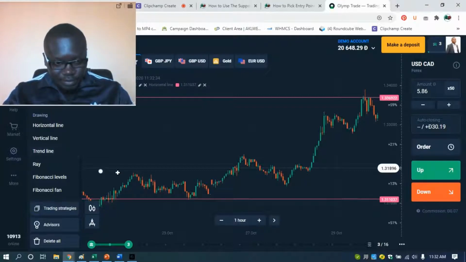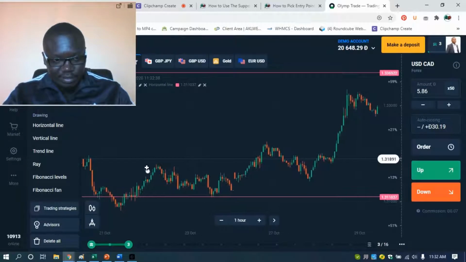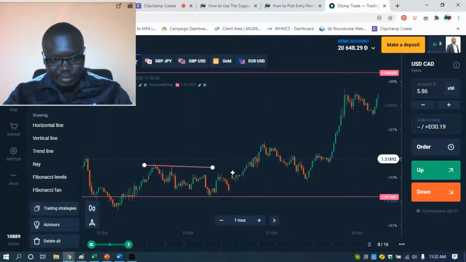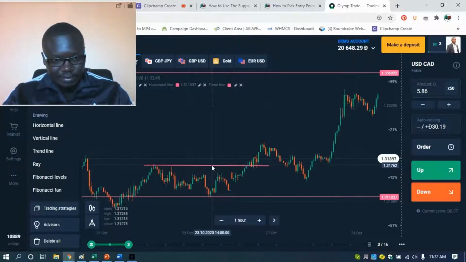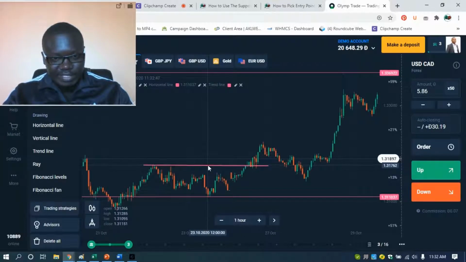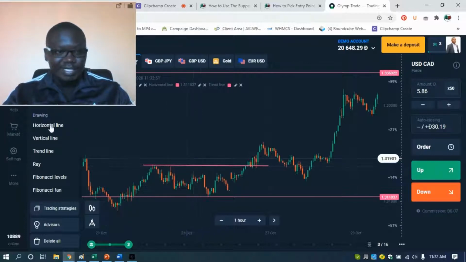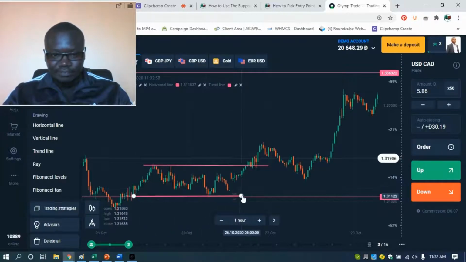Just pick trend lines over there. There is a sideways price movement on this level that we are currently focusing on. We want to capture that with support and resistance levels.